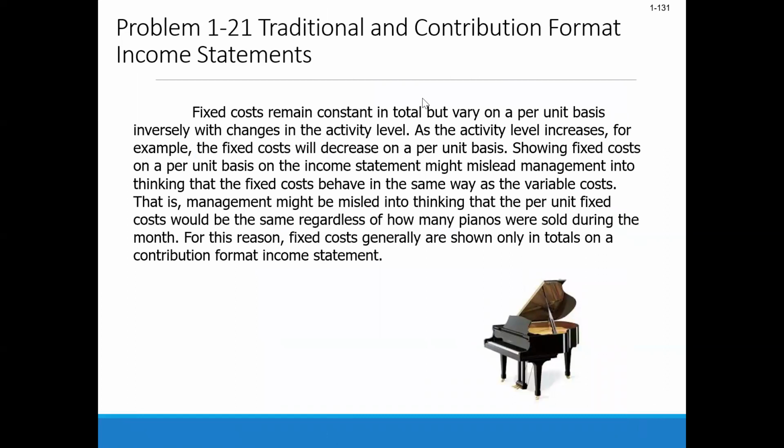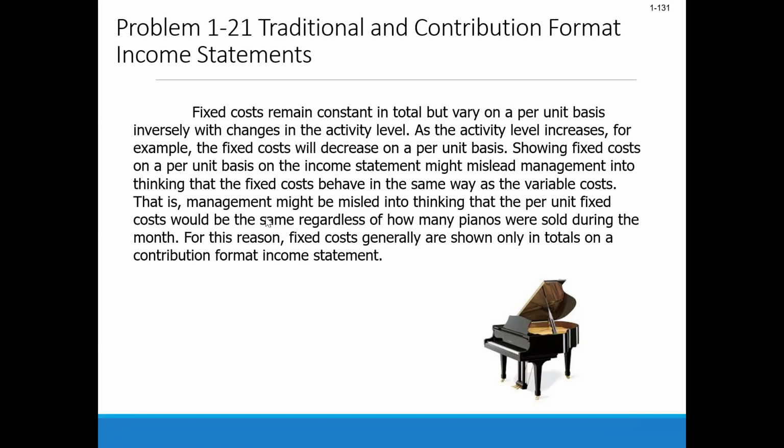Fixed costs remain constant in total, but can vary on a per unit basis inversely with changes in the activity level. As the activity level increases, the fixed costs will decrease on a per unit basis. Showing fixed costs on a per unit basis might mislead management into thinking the fixed costs behave in some way as the variable costs, but they really don't.